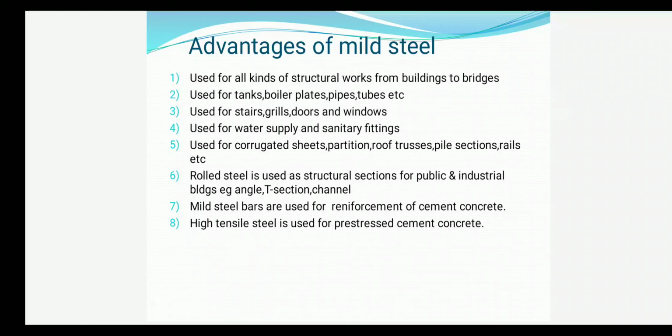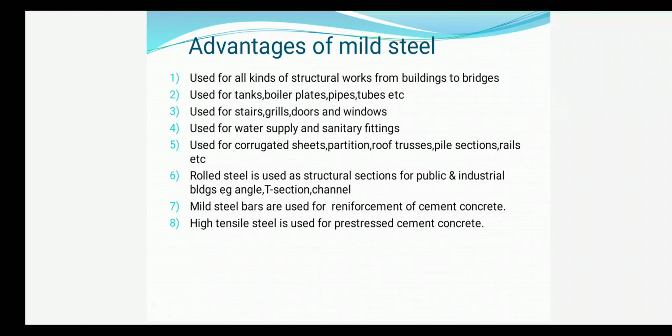As you know, there are steel doors, steel windows, steel grills, so steel is used in such materials also. Steel is also used for water supply and sanitary fittings. For roof covering, it is used as corrugated sheets, partitions, roof trusses, pile sections, rails, etc.